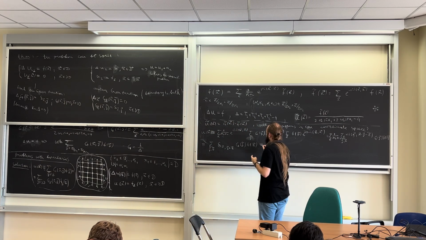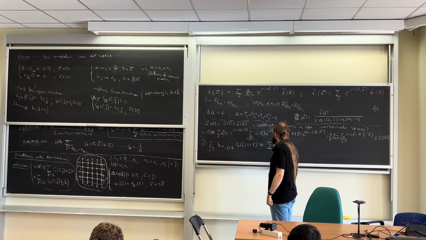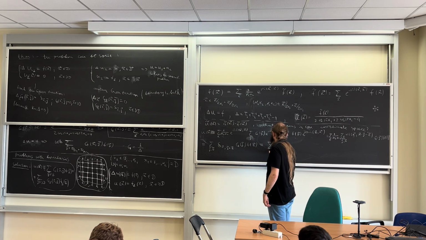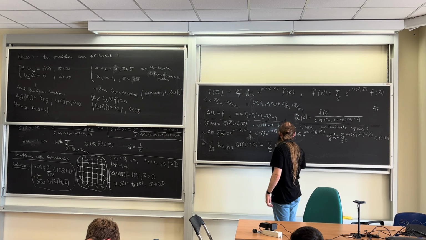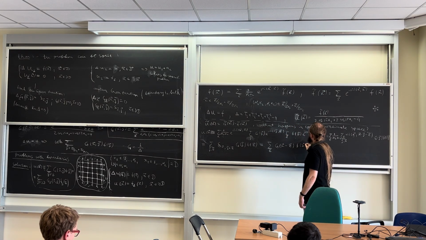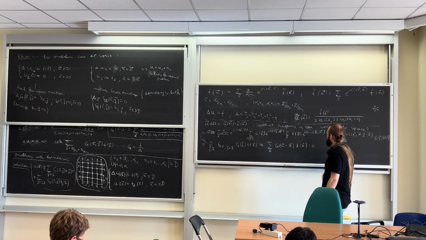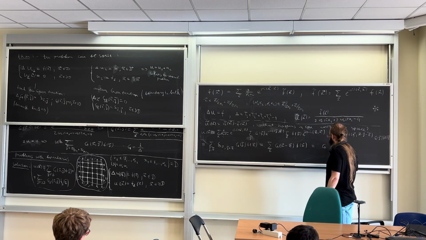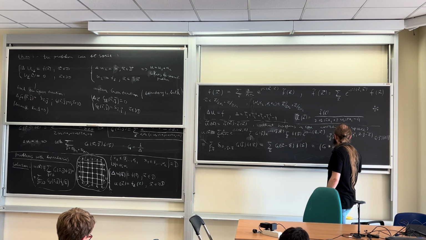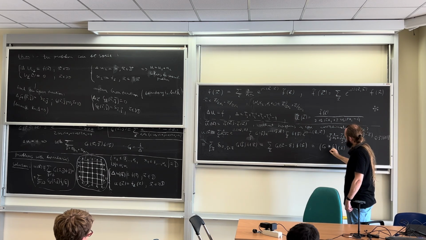Or we can write it as a single sum over z, g of x minus z, f of z. And this expression is called convolution, and it is denoted by a star. This is g star f, and it depends on the point x. And this is called convolution.